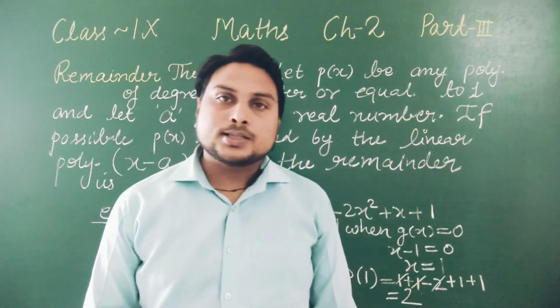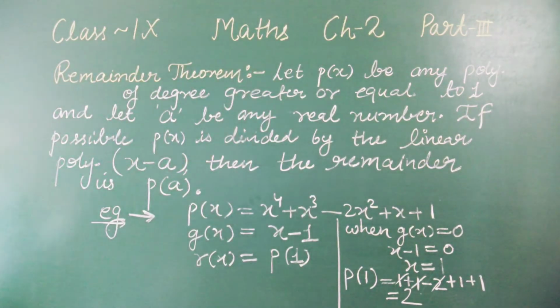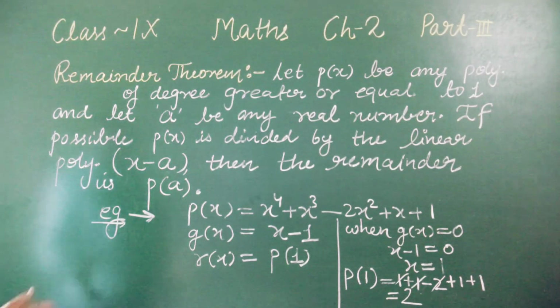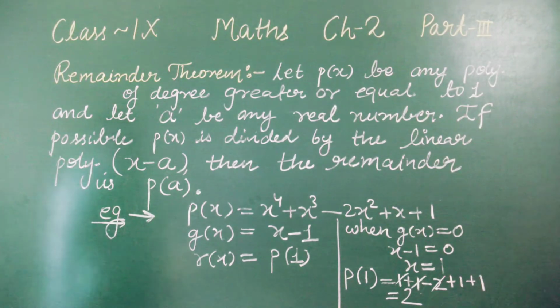Are you getting this point? The simple concept is: make the divisor equal to 0, get the value of x, put it in the polynomial, and you get the remainder. Now you can pause the video and note it down.